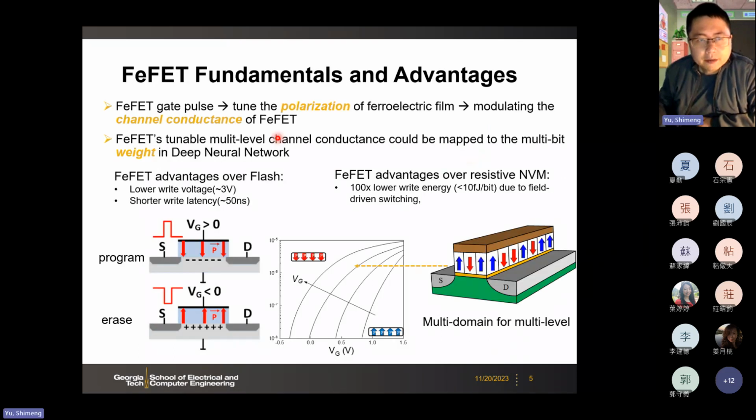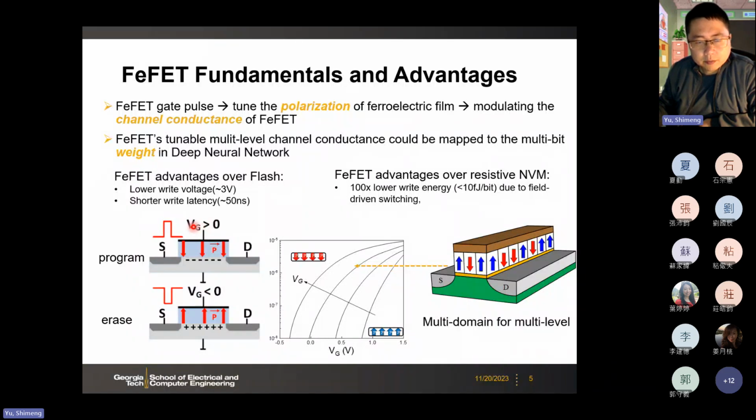Okay, so if we integrate the ferro into the gate stack of the MOSFET, it becomes the FeFET. So what is the fundamental mechanism of this FeFET? If you look at this figure, you can program and erase the ferro using a positive or negative gate voltage.